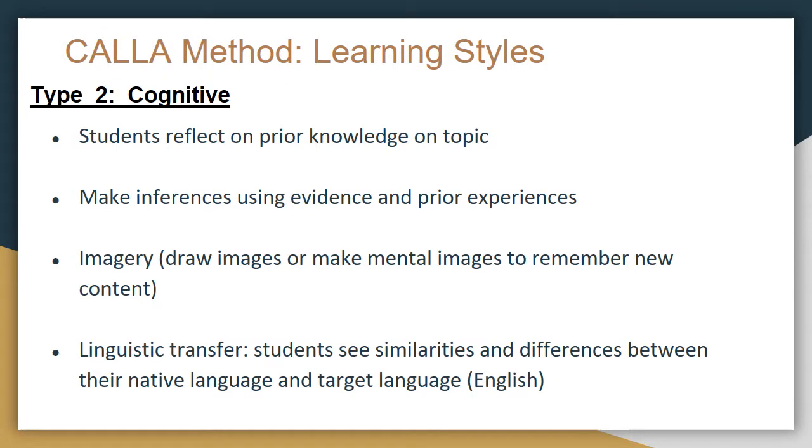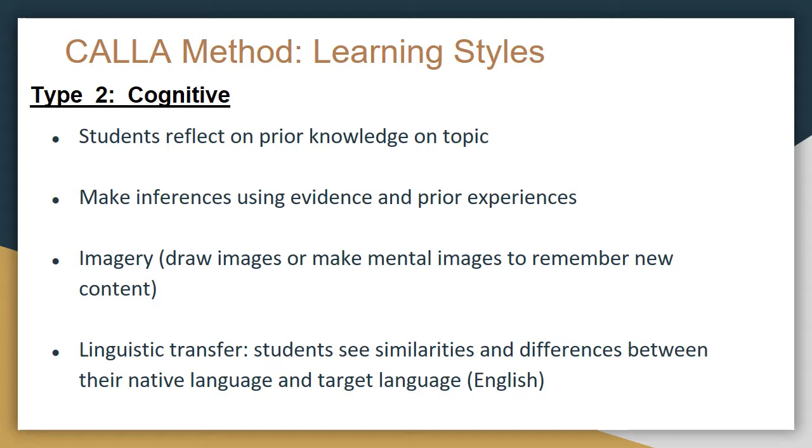A second type of learning style is the cognitive learning style. In the cognitive learning style, students reflect on their prior knowledge of a topic and how their prior knowledge connects to their new topic.